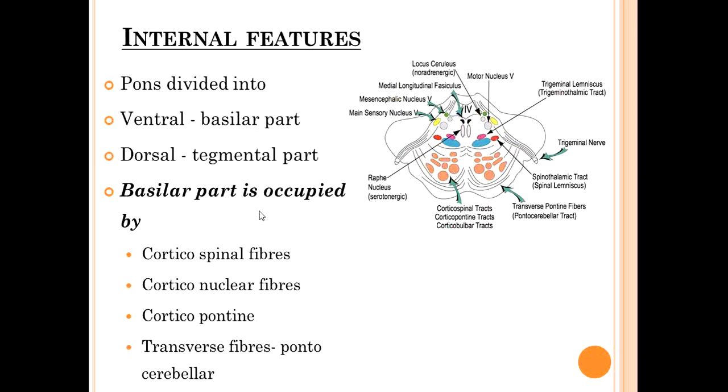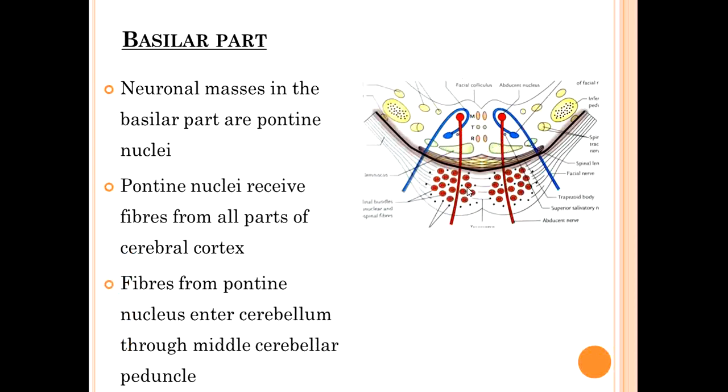Okay, so basilar part is occupied by different fibers which are coming from the cortex, corticospinal, corticonuclear, corticopontine, and transverse fibers which are going from the pons to cerebellum, that is pontocerebellar fibers. Remember, these fibers will be traversing via the middle cerebellar peduncle. Okay, so you can see here, this is tegmental part, this is basilar part.